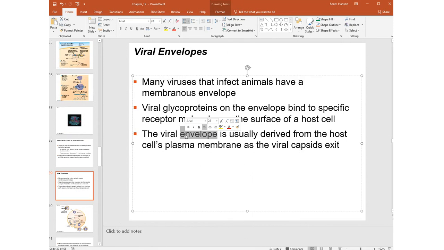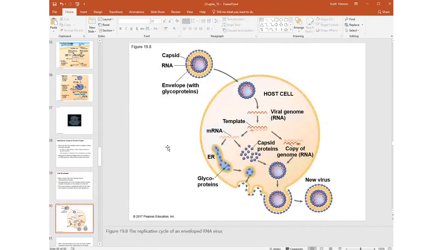The envelope is basically the very outer layer of the virus. So as the viral capsids exit the host cell during lysis, they take some of the cell's plasma membrane along with them, and they modify it and make the viral envelope from that.